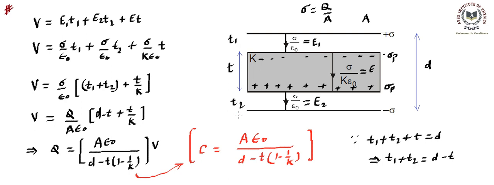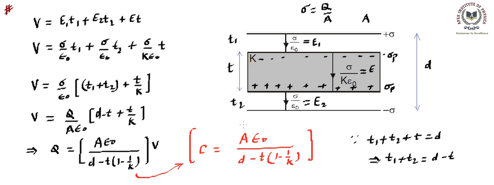That means it is independent of the location where this dielectric slab has been placed. As long as it is inside, it can be shifted upside or downside a little bit, and it will not make any difference in the capacitance. So capacitance depends only on the thickness of the dielectric that we are filling and the dielectric constant.